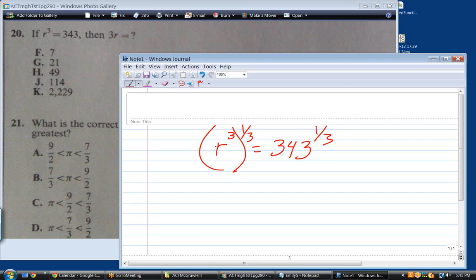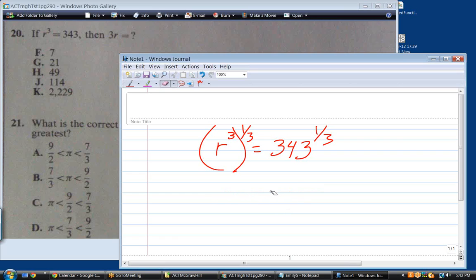And remember your rules for exponents. What do we do when we are double exponentiating on the left? We multiply the 3 times 1/3. So we end up with r. That's our goal. And then the cube root of that number is 7. Okay?